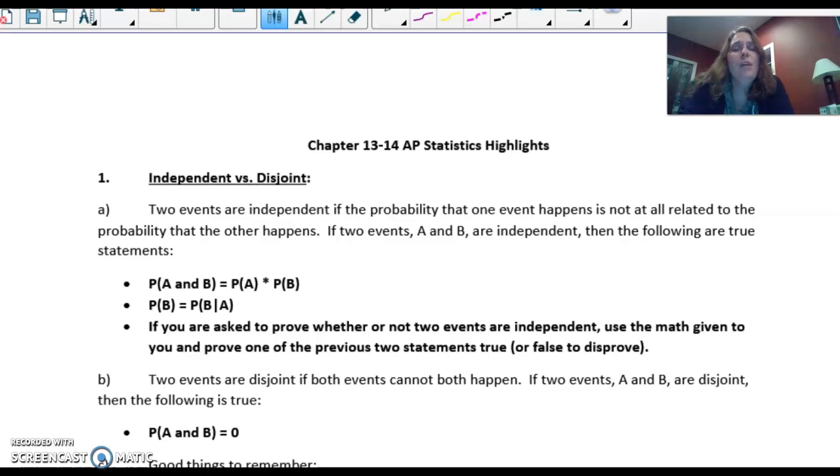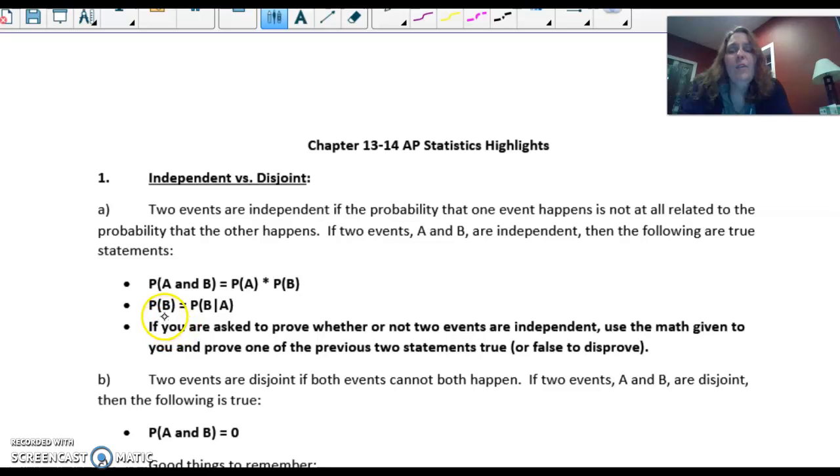So here are the formulas that I'm talking about. If two events A and B are independent, then the following are going to be true statements. P of A and B both happen is equal to the probability that A happens times the probability that B happens. If A and B are independent events, then their individual probabilities when multiplied together should equal their joint probability. Also, if you have any information about conditional probabilities, you can try this one.